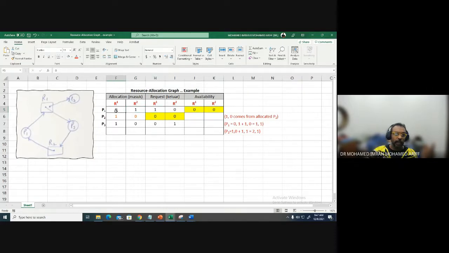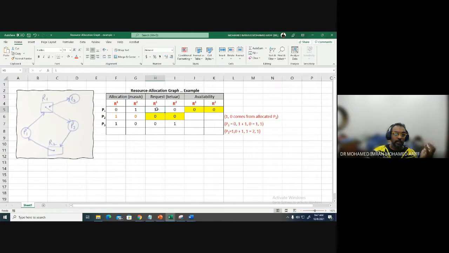And there is no arrow masuk from R1 to P1. P2, arrow masuk from R1. There is no arrows from R2. Okay. P3, masuk from R1. Betul lah. And nothing else.